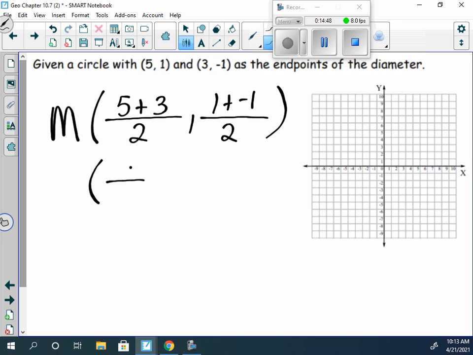Well, 5 plus 3 is 8 divided by 2. 1 plus -1 is 0 divided by 2. Well, 8 divided by 2 is 4, and 0 divided by 2 is 0. So our center is at the point (4, 0).